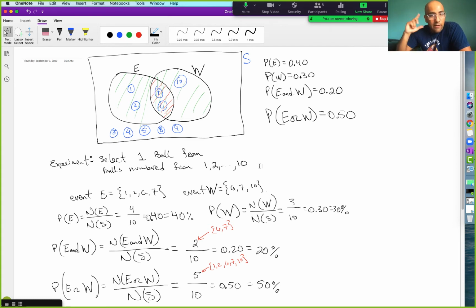So now I have new information. It's still the same experiment. It's only happened one time. When I originally put my money down, I had a 40% chance of being a winner, right? The probability that E happens is equal to 40%. But now I have new information. Now I know that W definitely occurred.